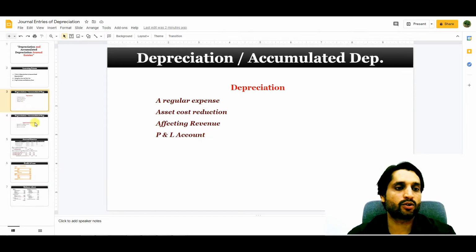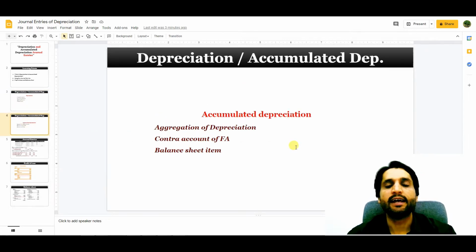Now let's head over to accumulated depreciation. Accumulated depreciation is an aggregation of depreciation expense. It is the total value, like one asset having a useful life of 5 years. If we make depreciation for 4 years, the accumulation of depreciation expense every year will be the accumulated depreciation.